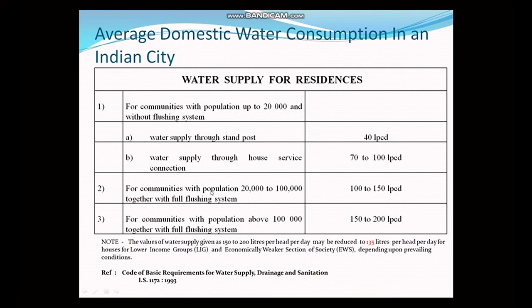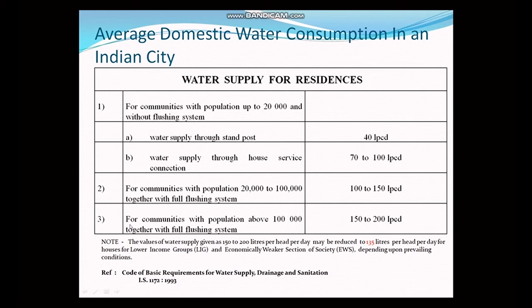The next is for the communities with population in between 20,000 to 1 lakh having full flushing system, and in this case the required water demand is around 100 to 150 LPCD.